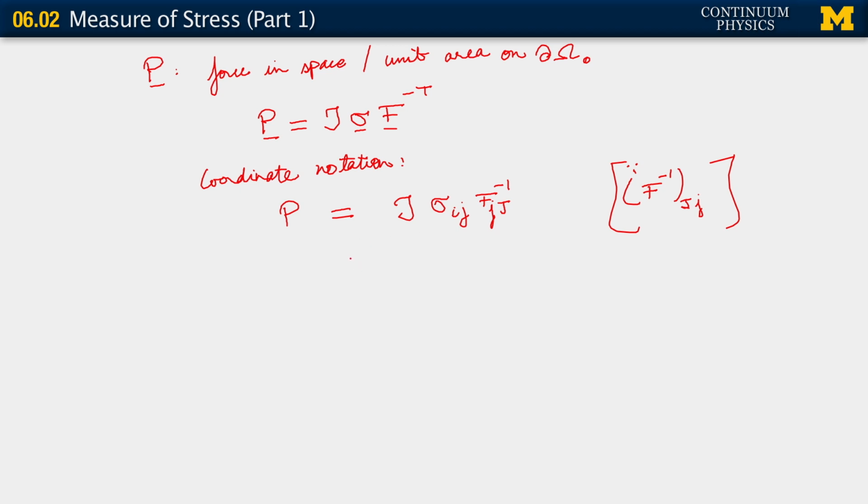When we work things out, what we see is that the indices on P are little i, capital J. It's the fact of these indices that truly remind us that the first index, little i, corresponds to the force, which is directed in space. It's a spatial index, so it's little. The second index J tells us about the area, because that's the index which is going to get contracted out with the index of the area vector. That's why the second index on P is uppercase, reminding us that P is a stress defined per unit reference area.